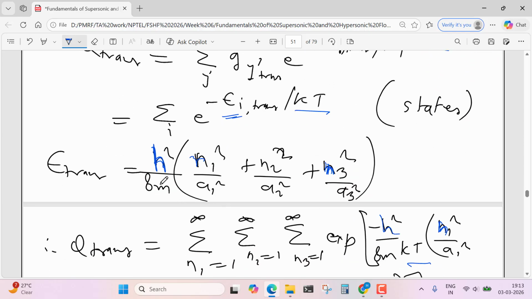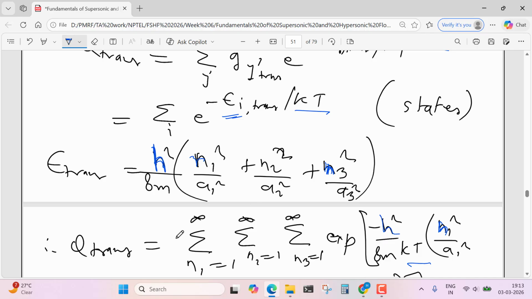Here epsilon trans is given by h square upon 8m into n1 square upon a1 square plus n2 square upon a2 square plus n3 square upon a3 square. Here a1, a2, a3 are the dimensions of the box or system, and n1, n2, n3 are the translational quantum numbers.